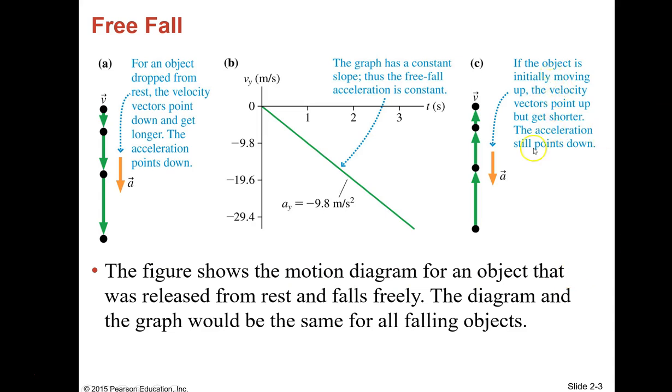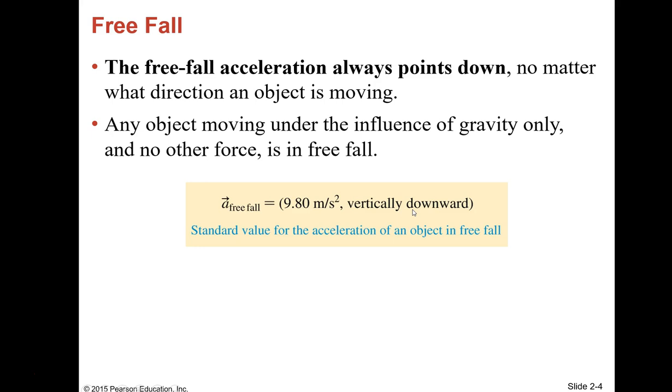Now, the object is initially moving upward, so we throw it upward, but in this case it's slowing down. Our acceleration is still downward because our object is slowing down as it goes up. So we still get a negative slope as you throw something up. Again, the graph shows that for all falling objects, free fall always goes downward.